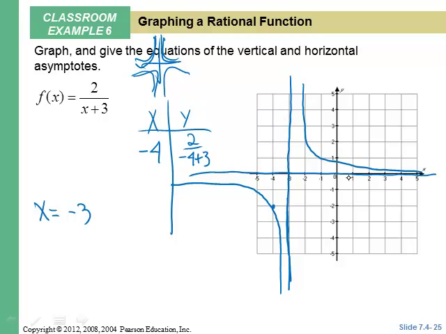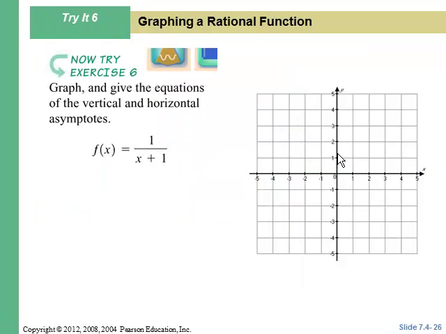Let's just prove it by choosing the point x equals 0. So it'll be 2 over 3, which if you notice, that's about where I graphed it. So it's really easy once you get the vertical and horizontal asymptotes to figure out what's going on.